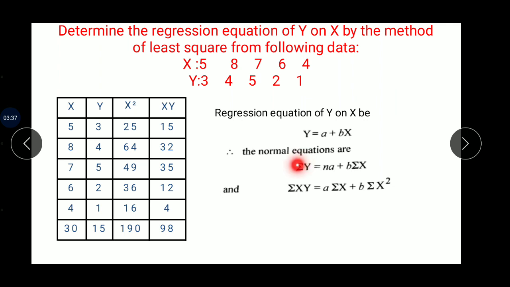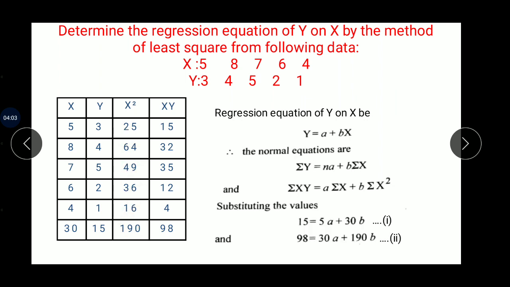We know the value of summation y is 15, n is the total number of entries, so n is 5, a and b we will find out, summation x is 30, summation xy is 98 = a summation x, which is again 30, plus b summation x square, which is 190. So we put everything in this formula and get two equations. We name the first equation as equation 1 and the second as equation 2.